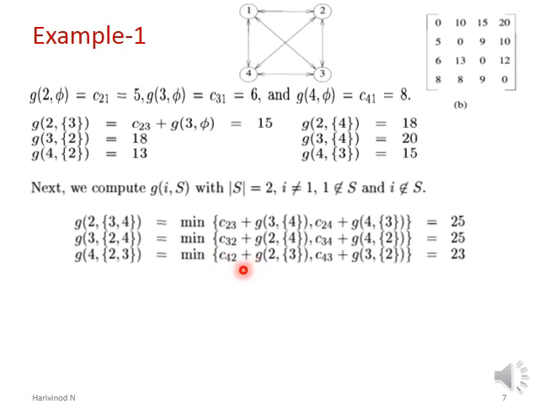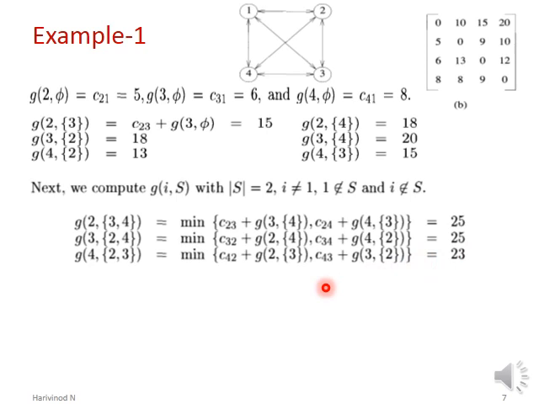Sorry, 8 plus 15 is nothing but 23. Now coming to the other choice, 4 to 3. The direct cost of 4 to 3 is 9. So 9 plus 18 is 27. So 23 and 27, the minimum is 23.